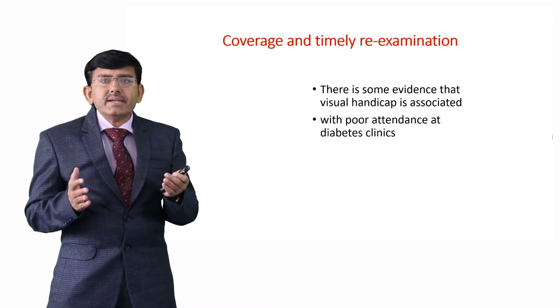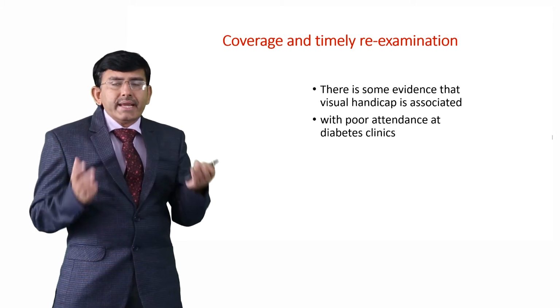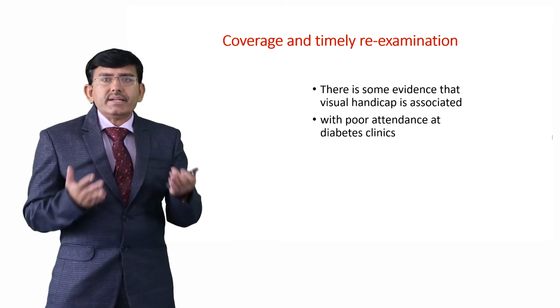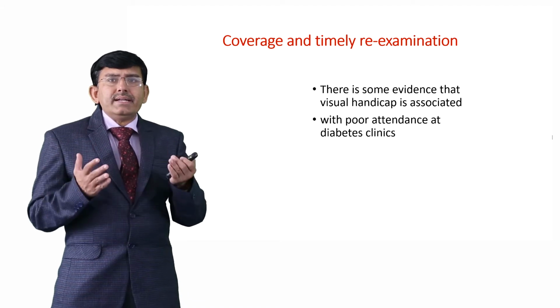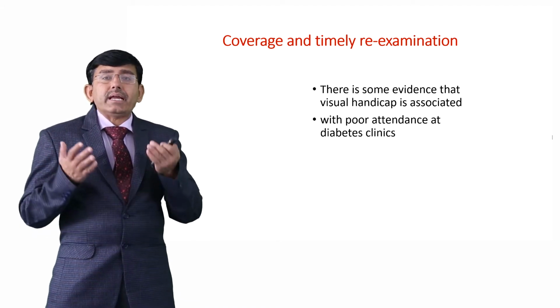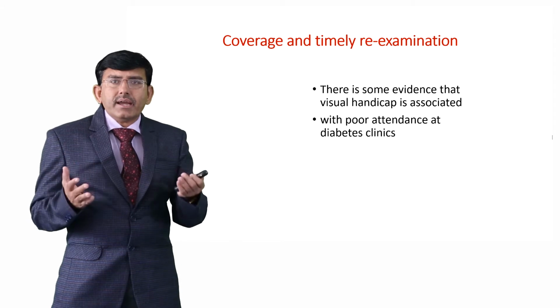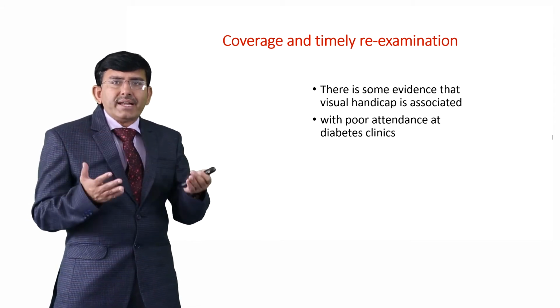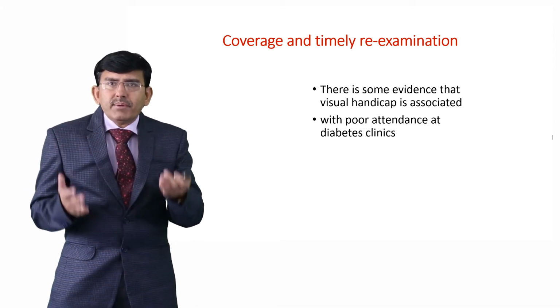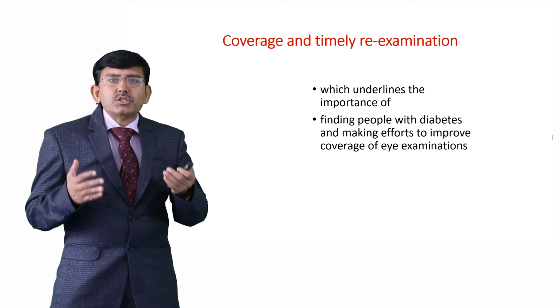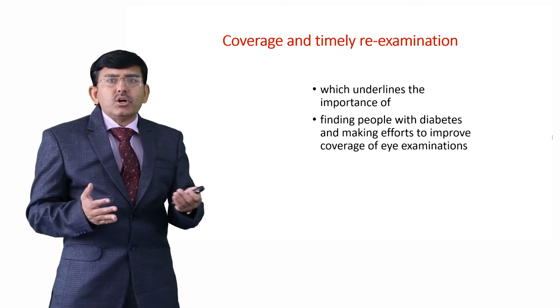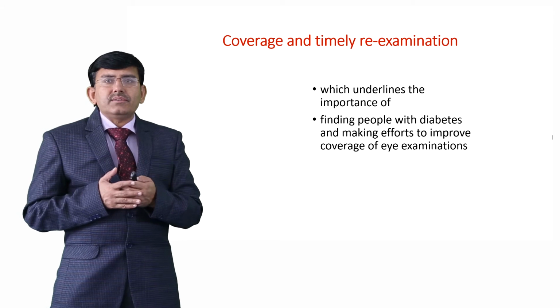There is some evidence that visual handicap is associated with poor attendance at diabetic clinics, which underlines the importance of finding people with diabetes and making efforts to improve coverage of eye examination.